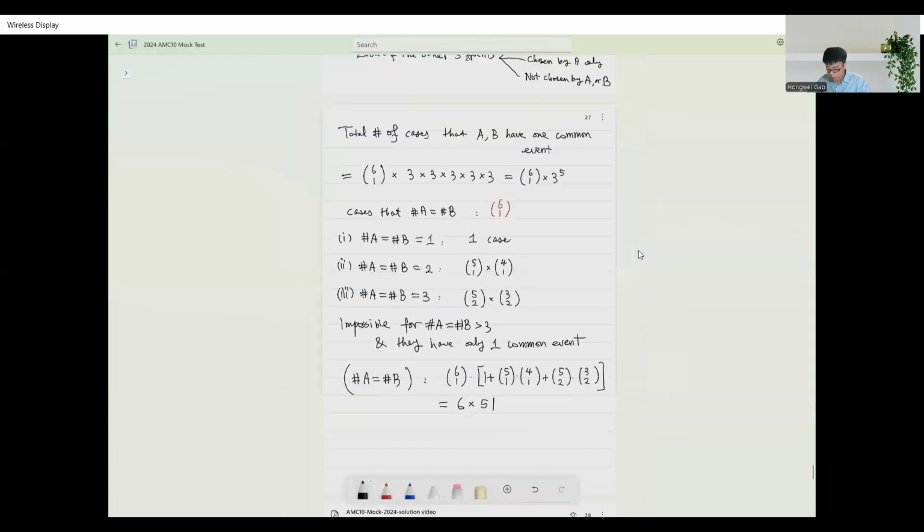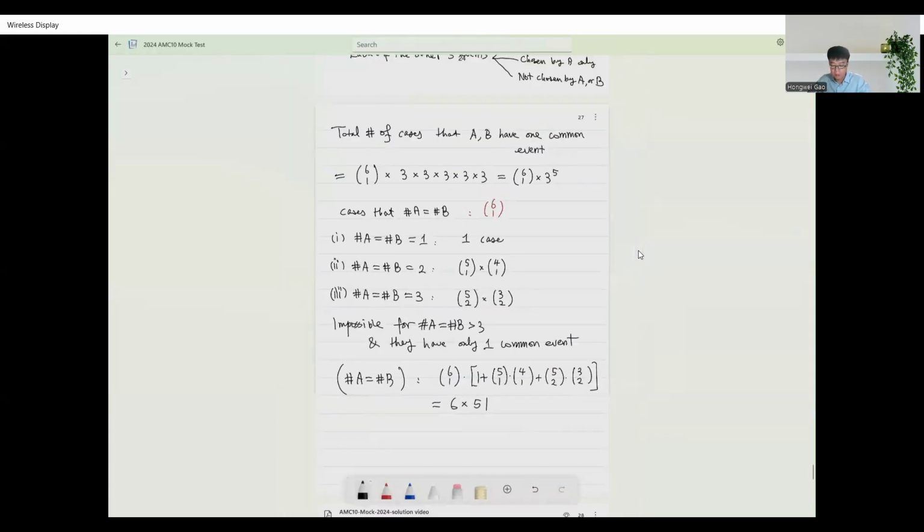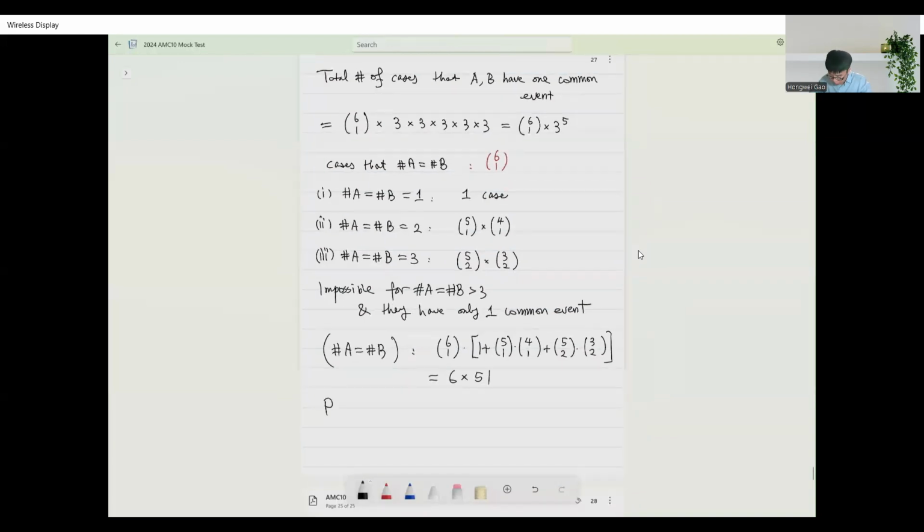Now we got this number is the numerator of the fraction for the probability. So probability of number of A equals number of B is the above number 6 times 51 over the original total number 6 times 3 to the 5th.